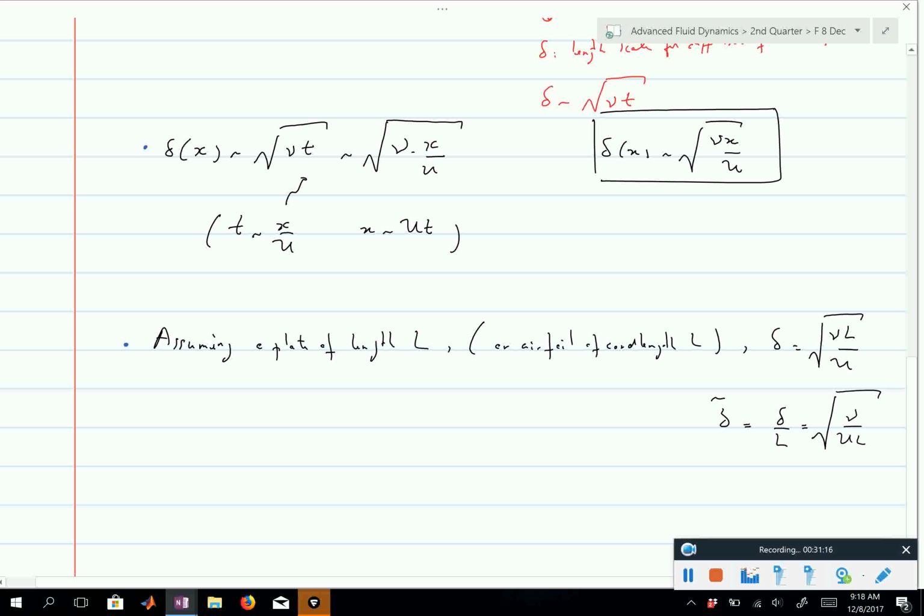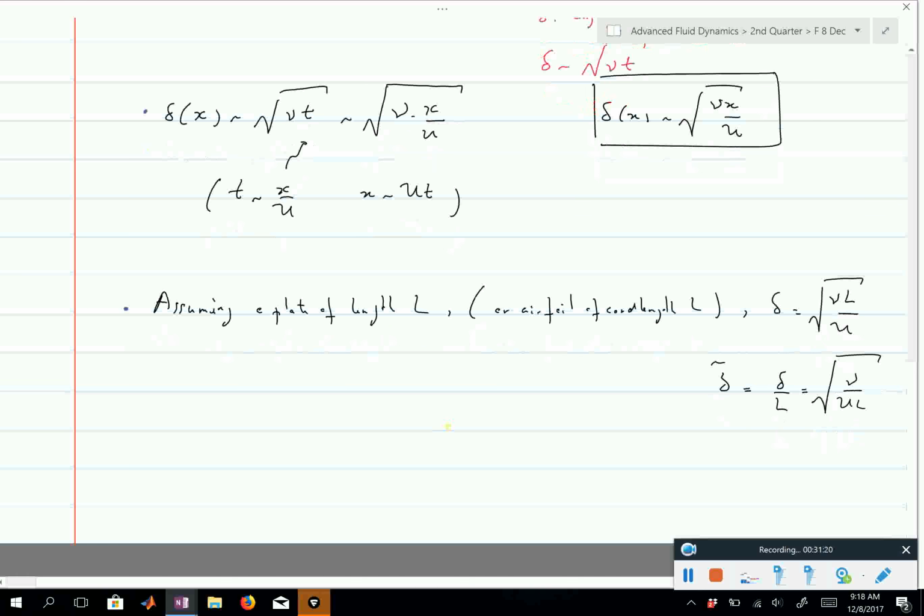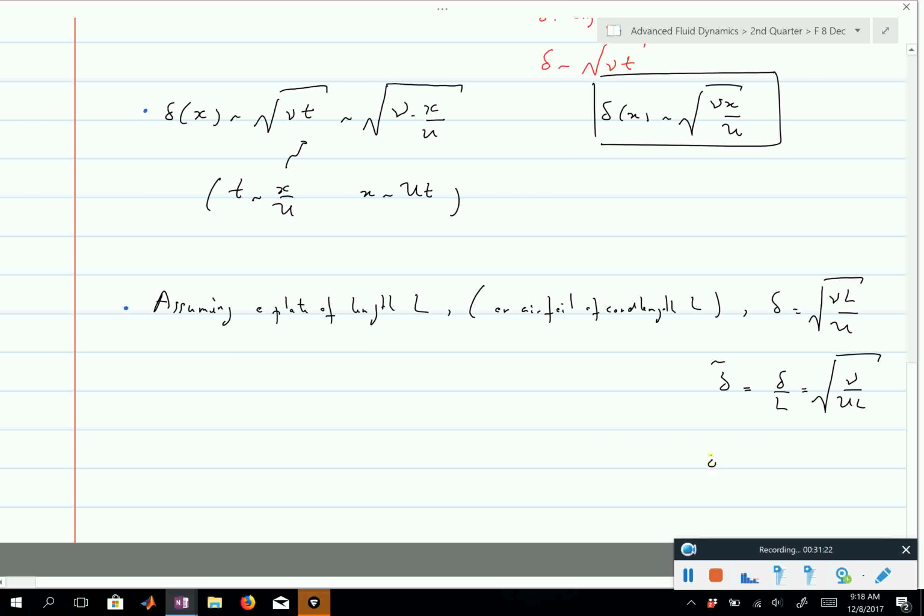And what do you recognize here? Maybe you do, maybe you don't. Let me rewrite it in a more familiar way. Remember, the kinematic viscosity is the dynamic viscosity divided by the density. So maybe this you do recognize: that is the inverse of the square root of the Reynolds number.